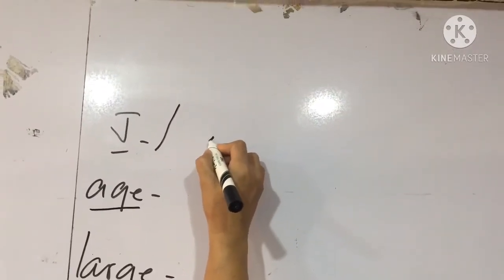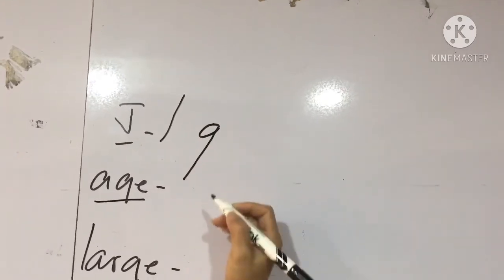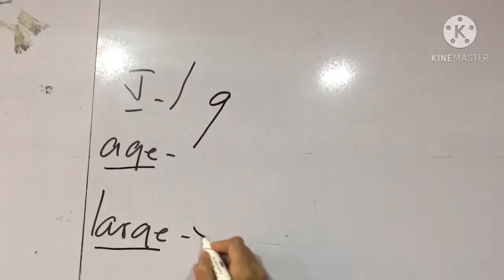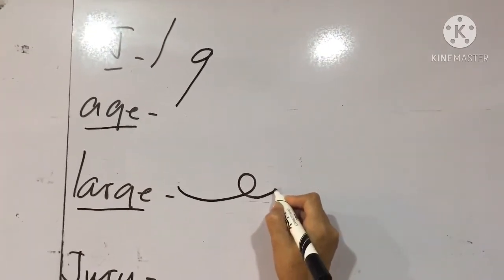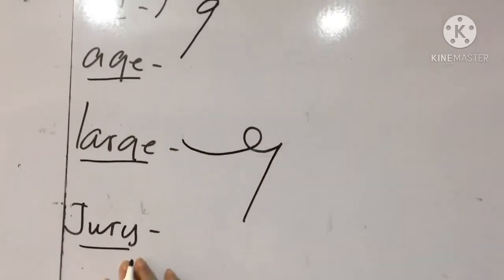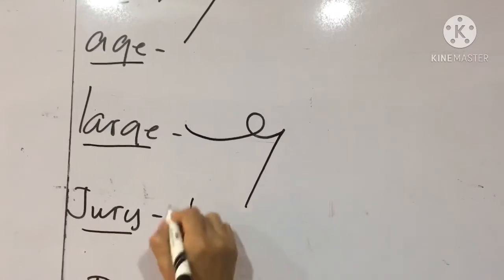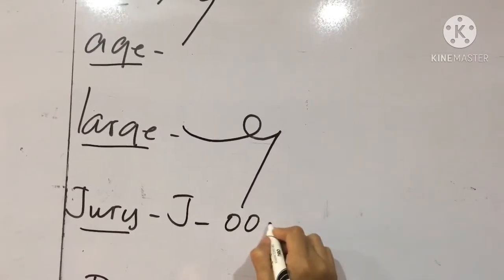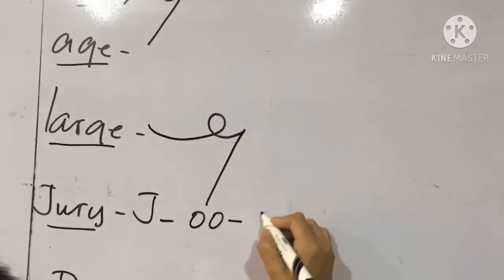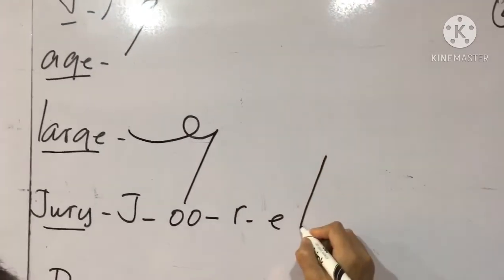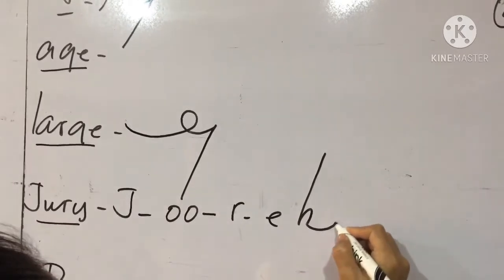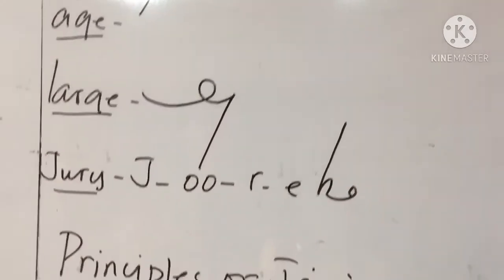We have clockwise A and J. For large, we have L, A, R, or counterclockwise A, then J. For jury, we have J, then long U or hook, then R and E. So let us combine: J, long U, R, and counterclockwise E.